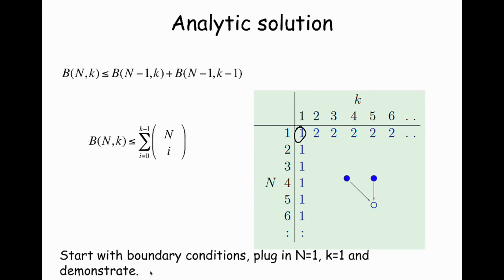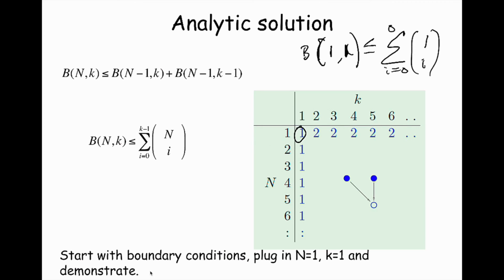So if we say B(n equals 1, k equals 1) is less than or equal to the sum, i goes from 0, well, k is 1, 0 to 0, of n, which is 1, choose i, right? Well, you only have one term. That's just 1 choose 0. Anything choose 0 is just 1. Well, that checks out. Okay, great.